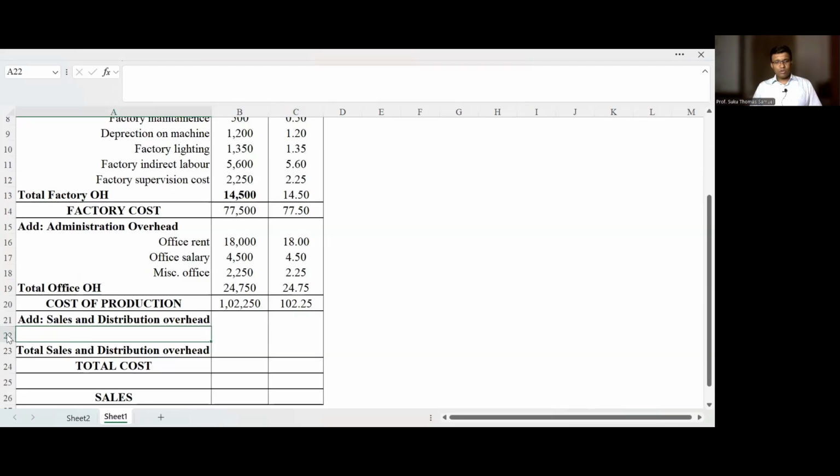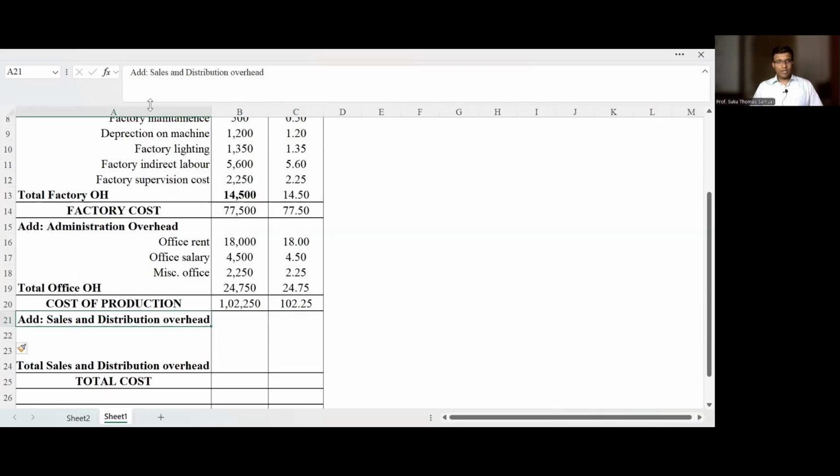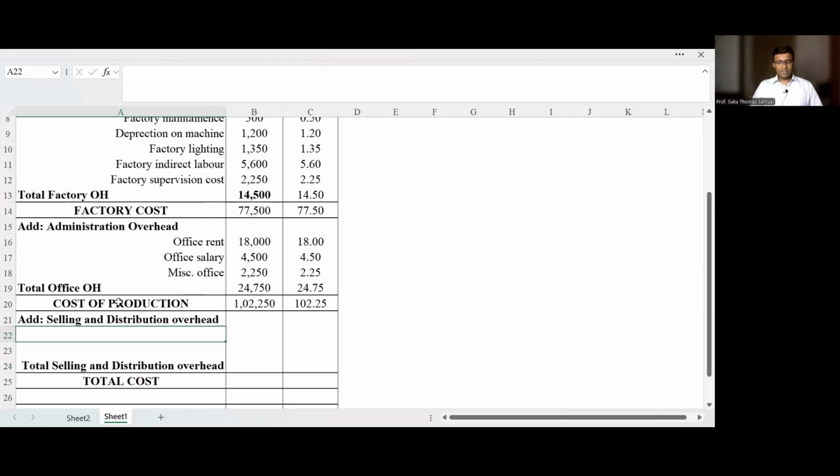Now let's move on to our selling and distribution overhead. I think I've made a typo here, so I'll quickly correct it. It should read total selling and distribution overhead. Under our selling and distribution overheads, what are the expenses that we have?